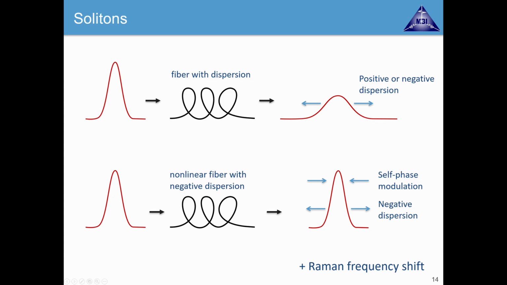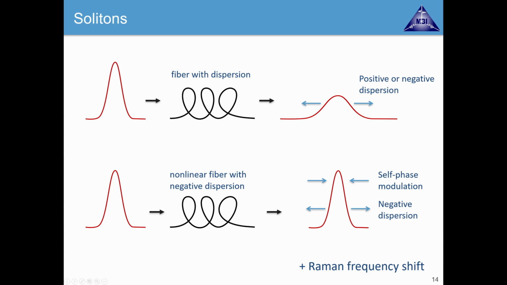But there is another feature. If you have a short pulse and a nonlinear fiber with negative dispersion, you can create solitons, which keep the same temporal shape because the negative dispersion is compensated by self-phase modulation. So you don't have the broadening.